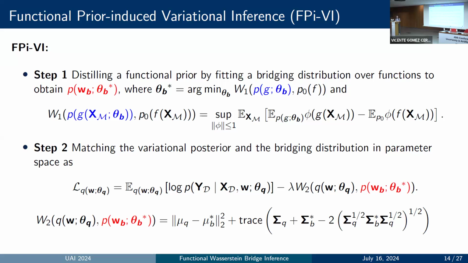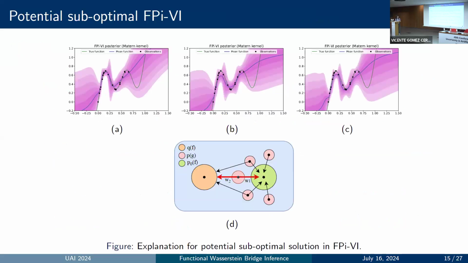Suppose that Q of W and P of W_B are two Gaussians. Such two-Wasserstein distance can be solved analytically, where mu_Q, mu_B, and sigma_Q, sigma_B are the respective means and covariance matrices for the Q of W and P of W_B.